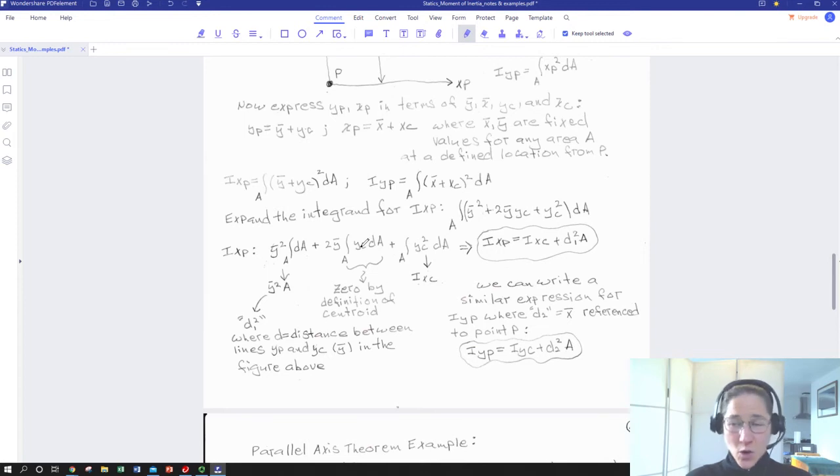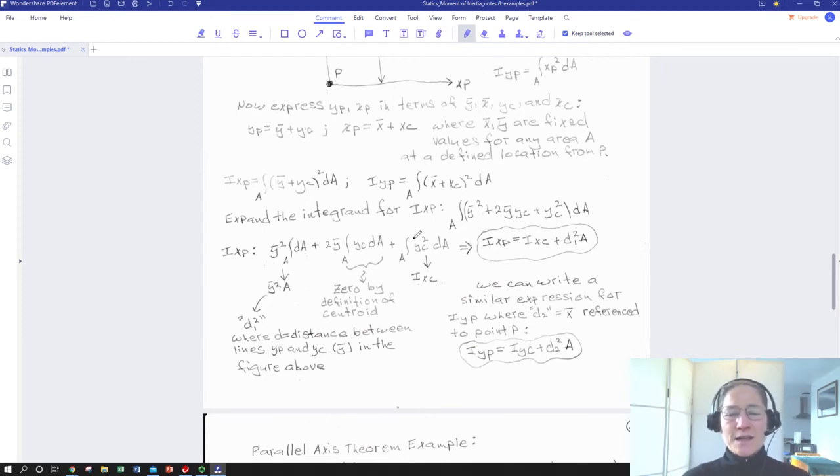Now, if you go back and you look up the definition of the y-centroid, you'll find that this is actually 0 by definition, as part of the definition of centroid, as the point at which the distance from that point all around the area is the same in every direction, so they effectively all cancel out. So this middle term is a 0 by definition of the concept of a centroid.